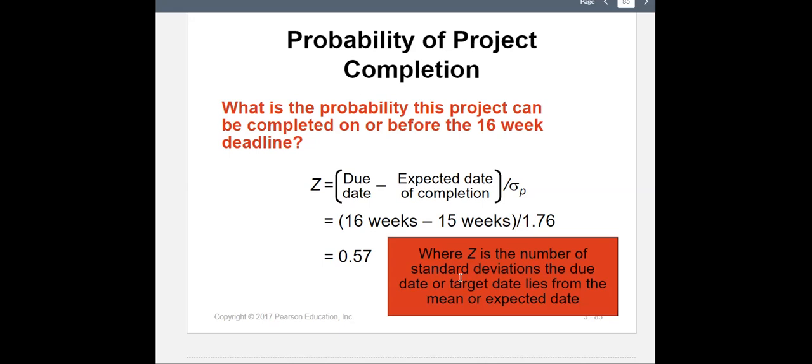So that's 16 weeks minus 15 weeks, divided by 1.76. That's 0.57. What is 0.57? That's how many standard deviations we are from the expected value. And that can tell us the probability, because we can find that 0.57 in the z table and find the associated probability.